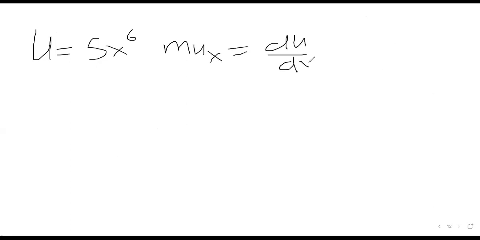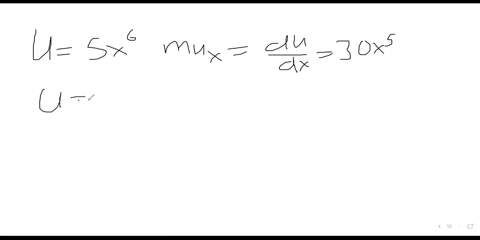So I was trying to labor to explain to you how we differentiate implicitly. So if we have 5x^6, we differentiate this, MUx is equal to du over dx. So multiply 6 times 5, we get 30, and subtract 1 from the 6, we get 5.